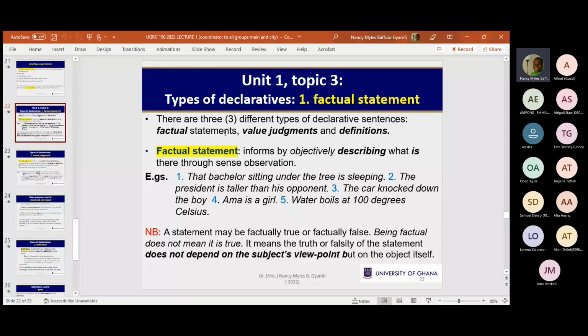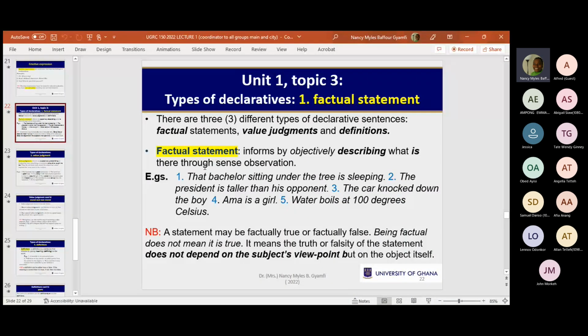Sometimes when I give you a statement, you and I, users of the language, if we use that language together, we can objectively agree on the truth or falsity of that statement. Objective means we may have different cultural backgrounds, different faiths, we may even have different levels of education, etc. But we can objectively agree.